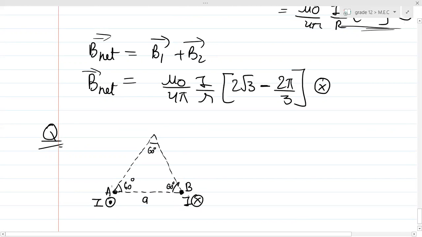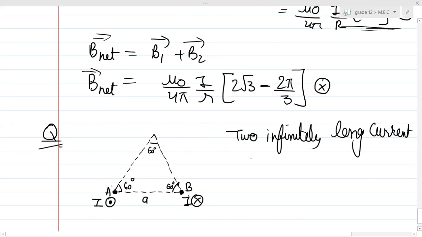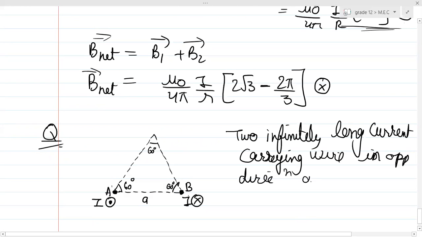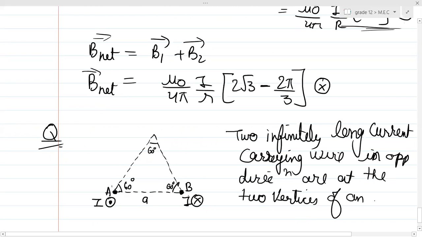Two infinitely long current carrying wires in opposite direction are at the two vertices of an equilateral triangle.